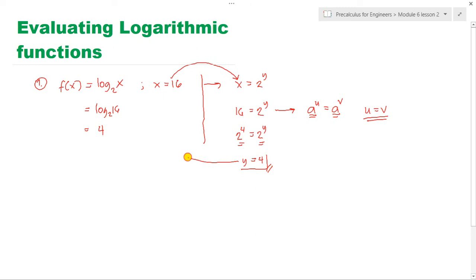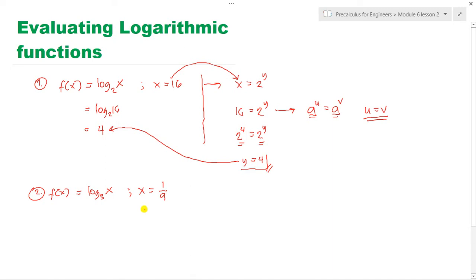So therefore, if you plug it in the calculator, you get f of x equals 4 for log of x to the base 2. So let's try another example to practice. Let's say you are given f of x equal to log of the number x to the base 3, such that our x here is equal to 1 over 9.